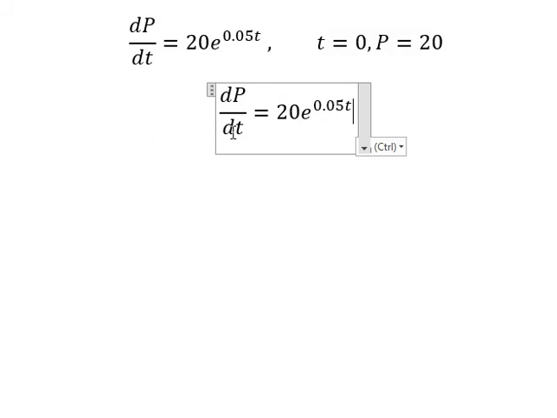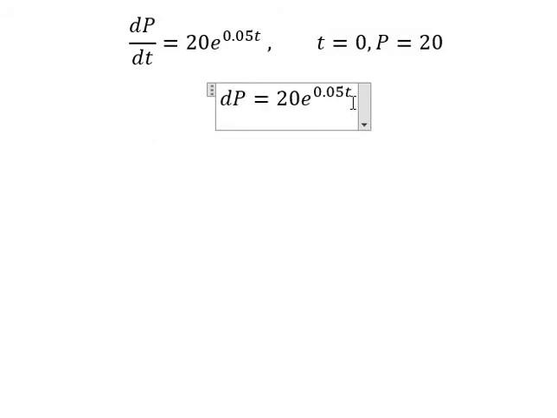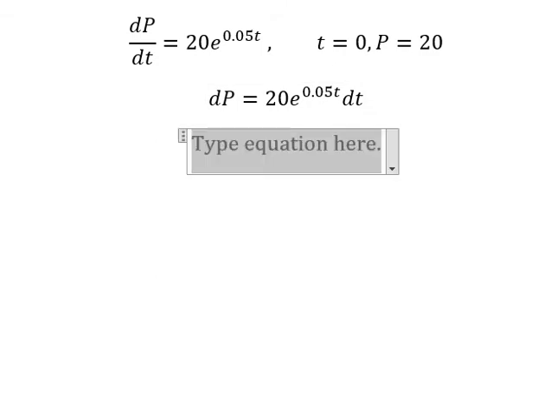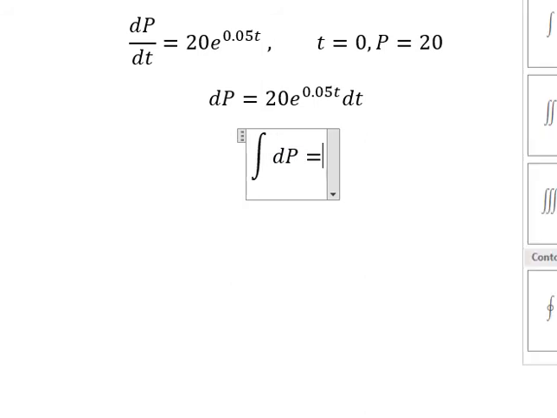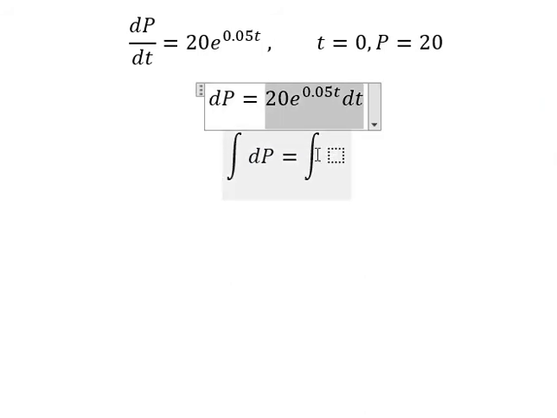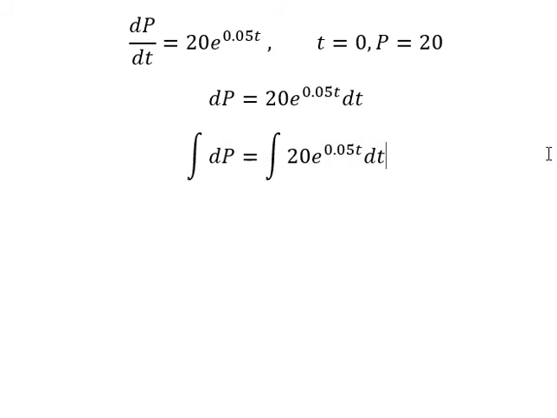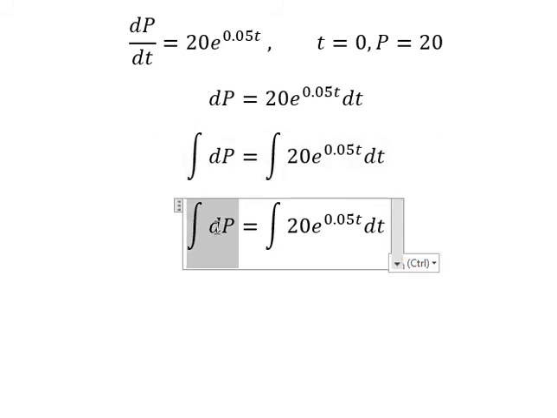I will put dt go to the right. Next, I will put the integration for both sides. So the integration of dp, we have p.